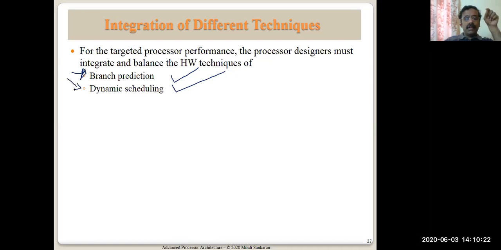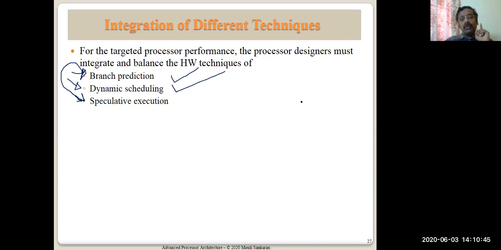Why should you do this? So that you have functional units which are always busy. You keep issuing multiple instructions to them. Why do you do this? Because based on the correct prediction, if I start executing the instruction, I don't have to flush the pipeline. Then on a branch also, I don't need to worry about it.